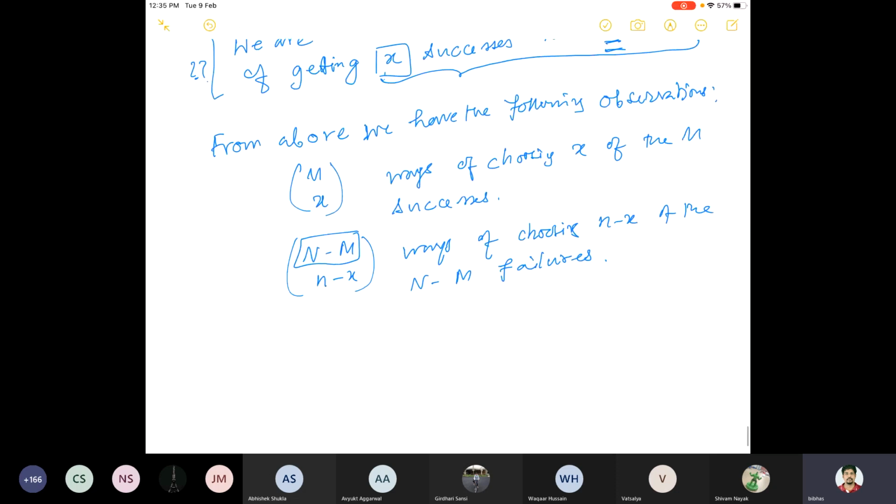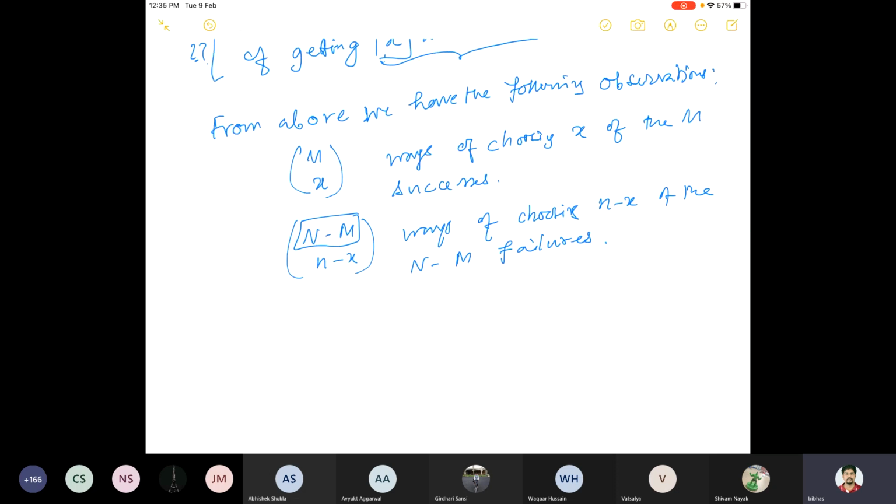So what is the total number of ways of choosing X successes and n minus X failures? If you consider this as an event and this as an event, then I'm talking about the probability of the intersection of these two events, okay. And of course these are independent, so it is this times this.